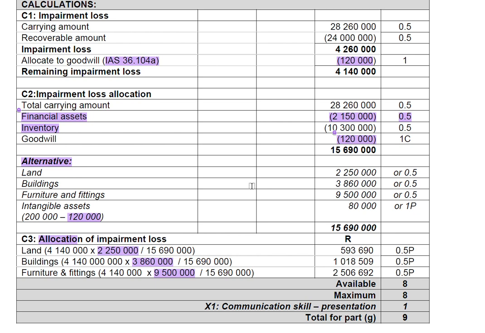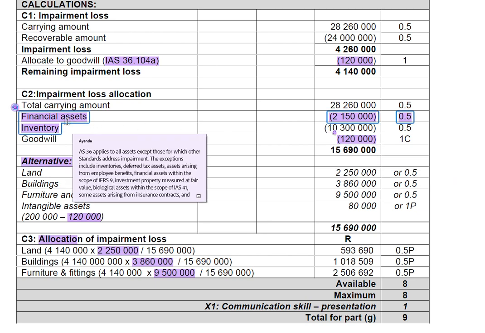So whatever errors you could have made here: number one, you could have made an error of not knowing that the impairment needs to be first allocated to the goodwill amount. The second, you would have missed that the financial assets and inventory are excluded in International Accounting Standard 36.